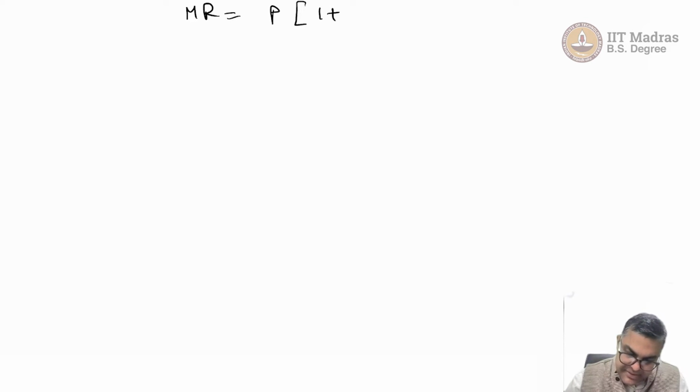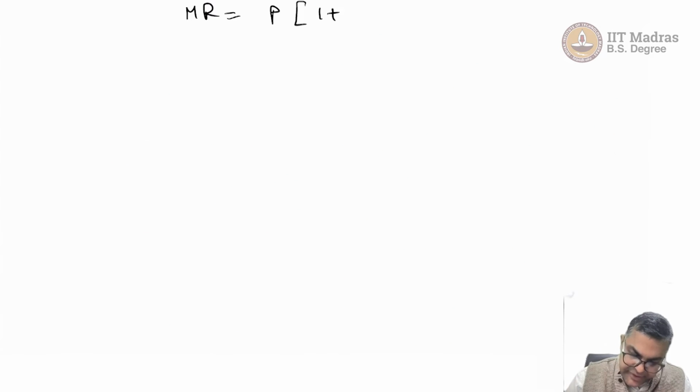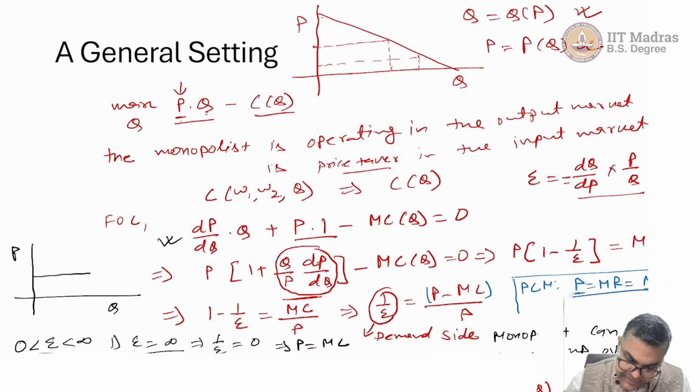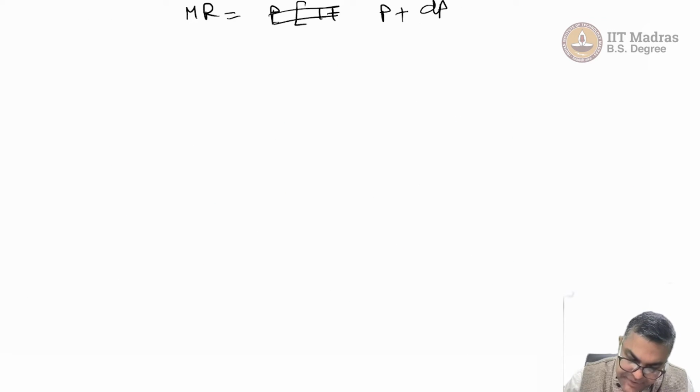But now let us understand what kind of problem the monopolist is facing. We already saw that MR is equal to P(1 plus ...), or we can write in this form itself, that P plus dP by dQ multiplied by Q. That's what MR is.